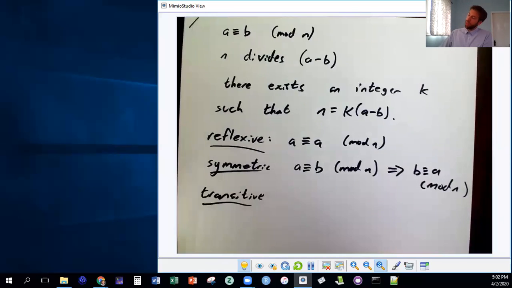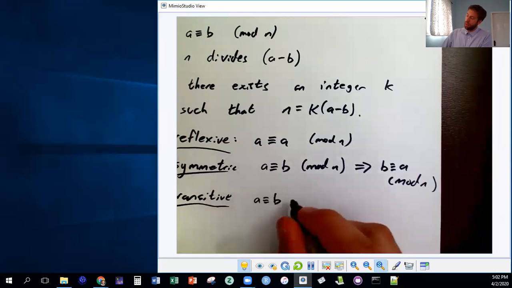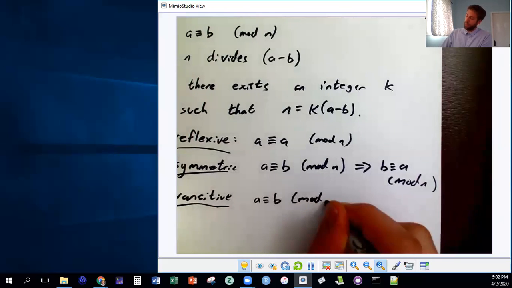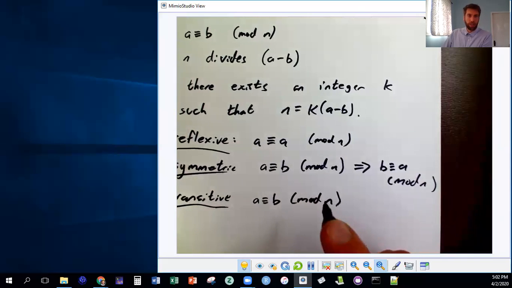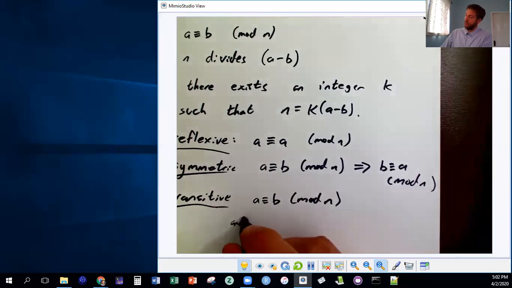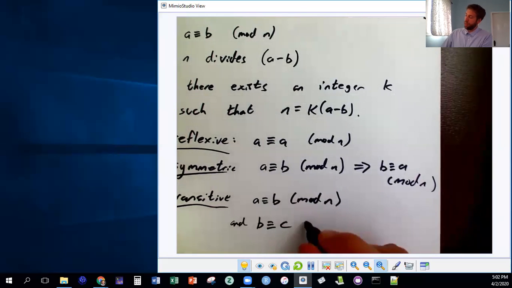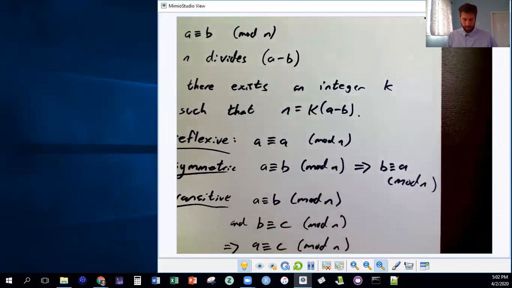Transitive is that if you have a is equivalent to b mod n, of course I'm being lazy here, I'm not defining my variables like I would have to in a written out homework, and b is equivalent to c mod n, then it implies that a is equivalent to c mod n. Okay, it's transitive.